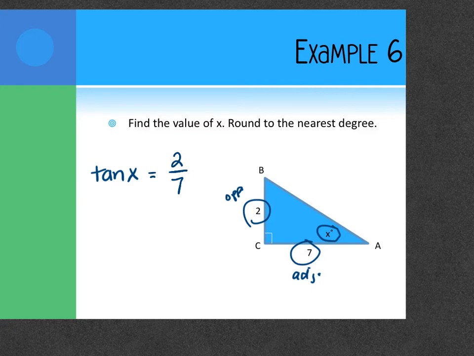I'm going to do the exact same thing I just did, which is tangent -1, 2 divided by 7. And again, without the word stored, you have to do 2 divided by 7, then hit tangent -1. You should get 15.94, which rounds to what if I said nearest degree? 16. Good.